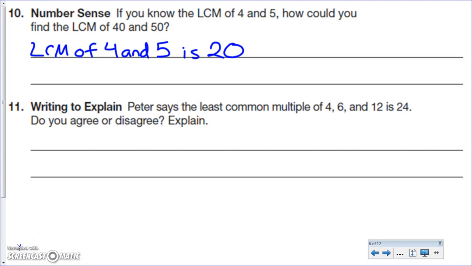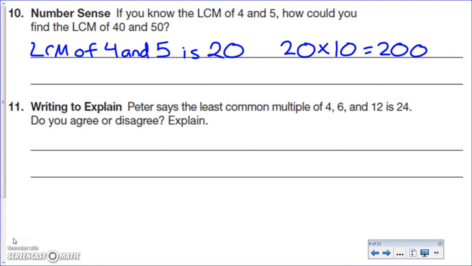We know that to get from 4 to 40 you multiply by 10, and from 5 to 50 you multiply by 10. So it makes sense that we can take the least common multiple and multiply that by 10. So the least common multiple of 40 and 50 is going to be 200.